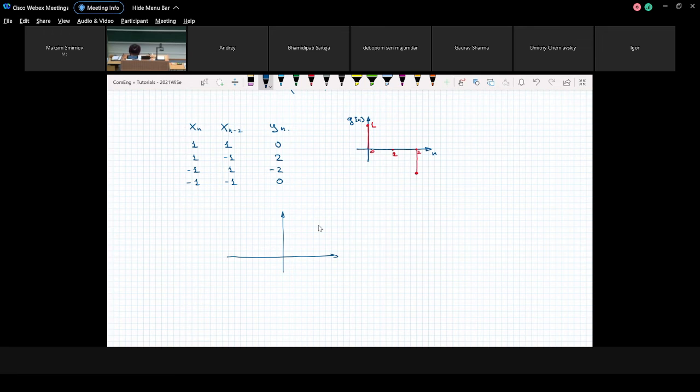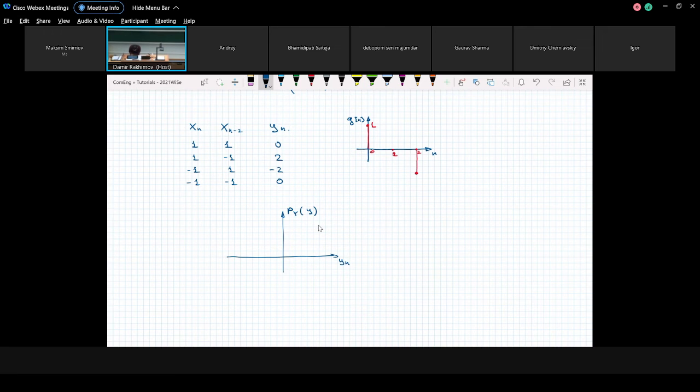So this says we have sequence y of n. This is y of n, possible amplitude, our mass function.